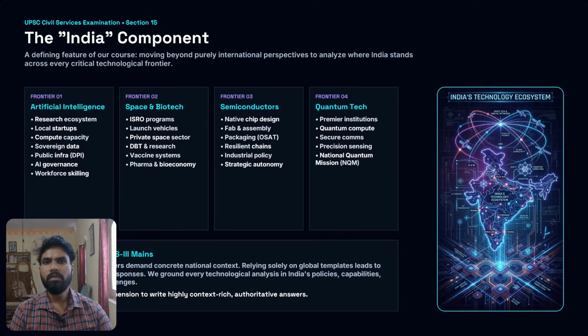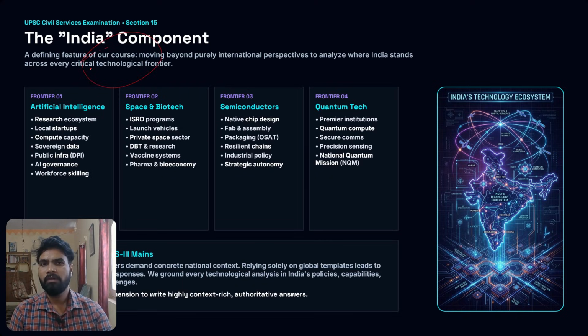Okay, right. Then very, very important, like I told in the beginning also, you have to understand the technology from the Indian perspective. If you are not preparing the technology from the Indian angle, maybe you are leaving half of your preparation with respect to the technology.